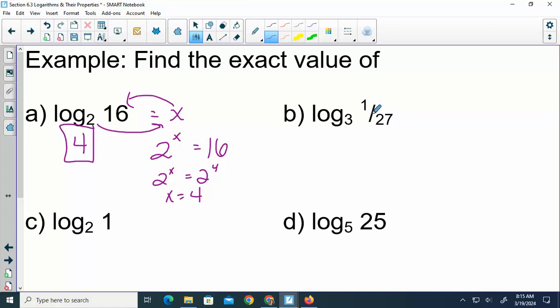So when I see B, log base 3 of 1 over 27, that means 3 to what power would equal 1 over 27? To flip it to the bottom, we know it's a negative, and 3 to the third is 27.